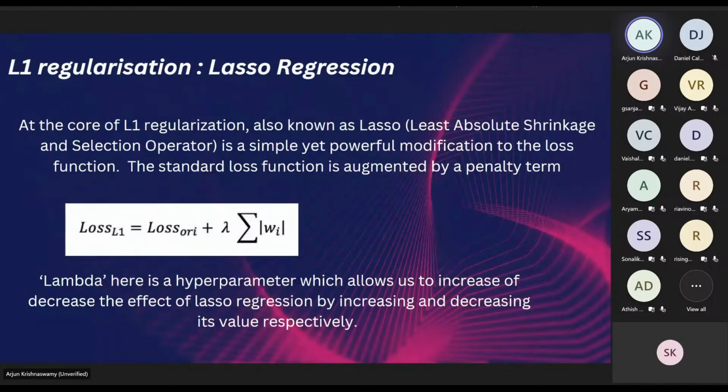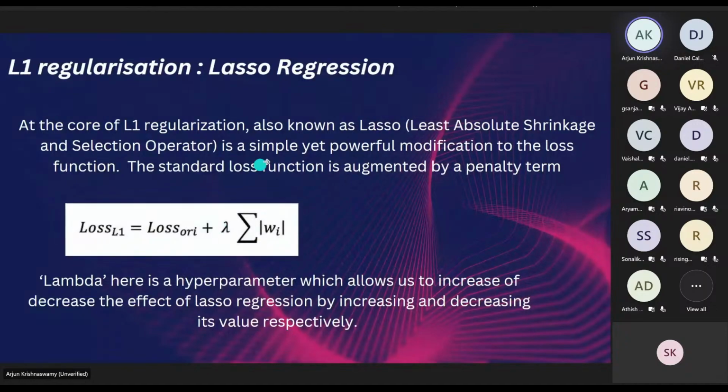If you make w3 zero, we are completely ignoring the feature x3. So in a way, L1 regularization performs feature selection. Feature selection, it's very clear, right? It's selecting features, but we don't do that. The model itself does it, such that the loss is minimized. So not only does it reduce the loss, it also helps in feature selection. Suppose you have thousands of features, some of them you don't want. You don't know which one to ignore. This does that automatically.